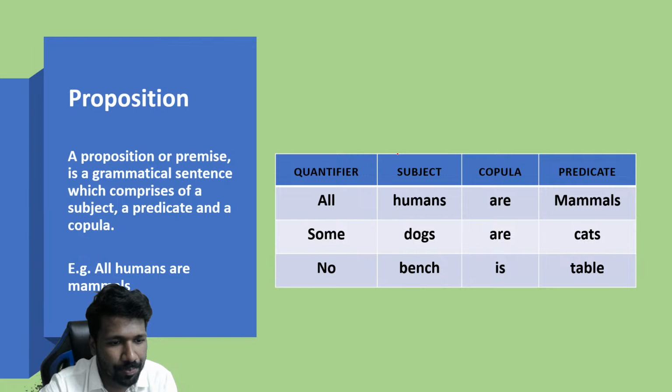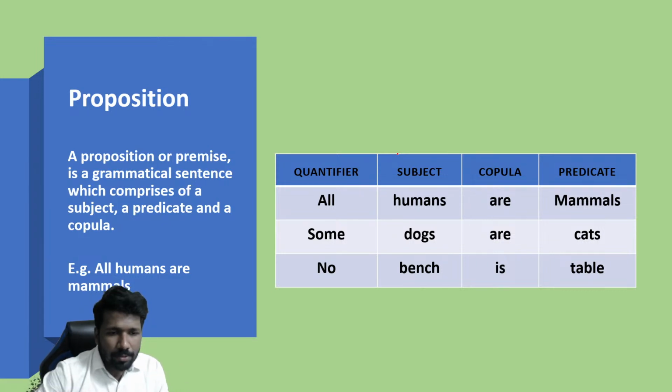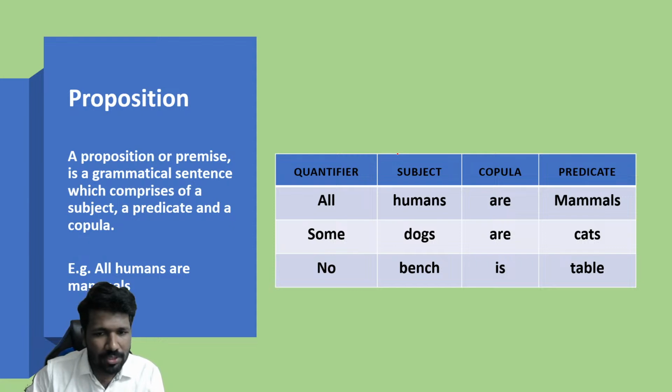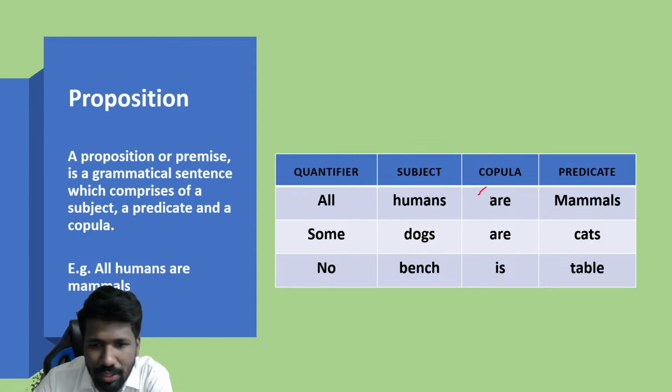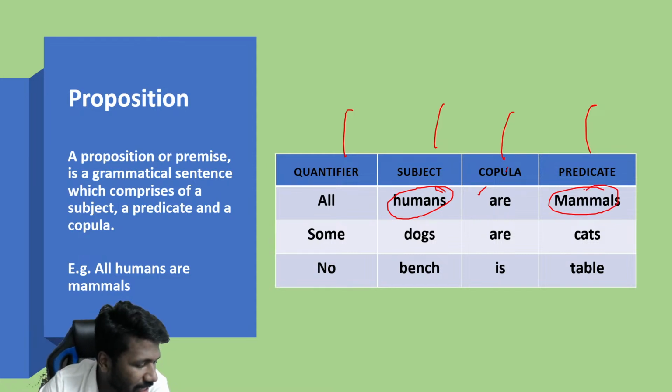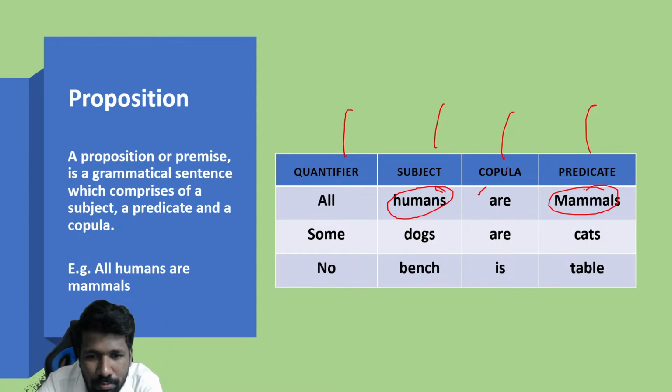from syllogisms. So propositions, I told you proposition means given statements. Propositions have mainly four things: quantifier, subject, copula and predicate. For example, all humans are mammals means humans are subject and mammals are predicate. Like in English grammar we say subject and object, na?